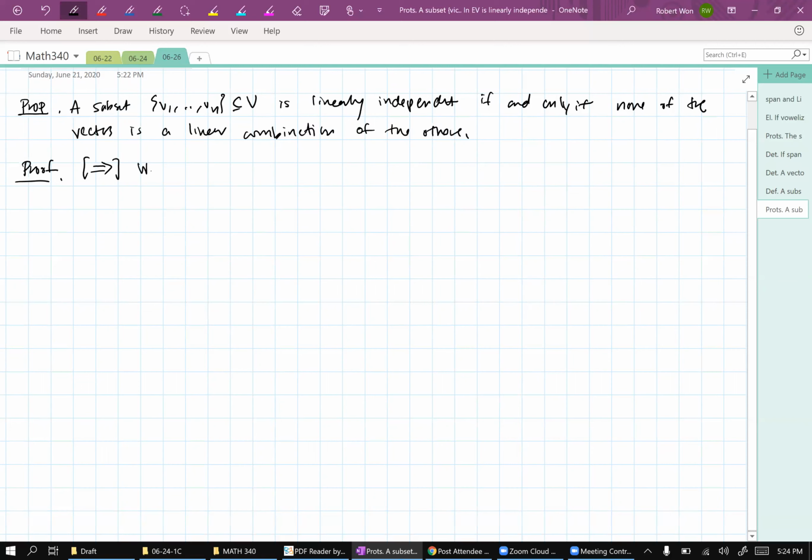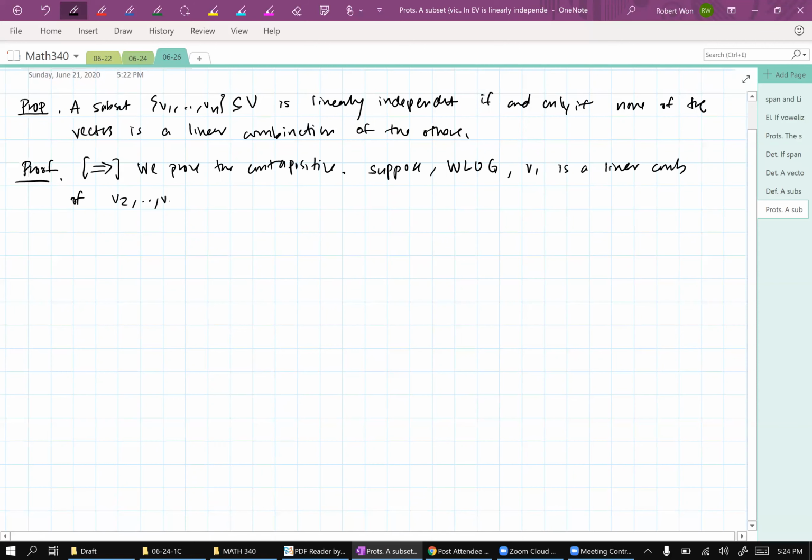So we prove the contrapositive. Suppose, without loss of generality, that the first vector is a linear combination of the rest. So suppose without loss of generality that V1 is a linear combination of V2 up through Vn.